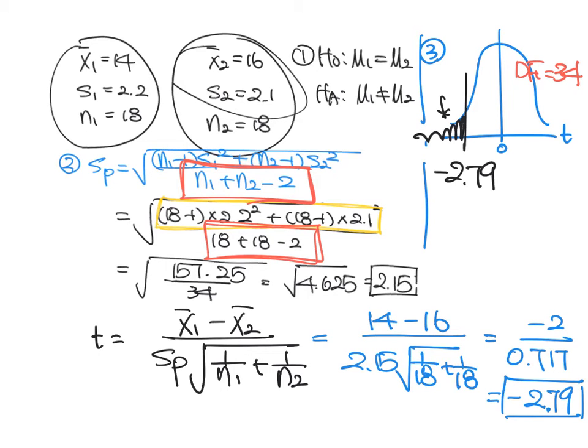Can you understand how to input the numbers into your calculator to get the left tail probability from negative infinity up to negative 2.79 with the degree of freedom 34? How much is the left tail probability?